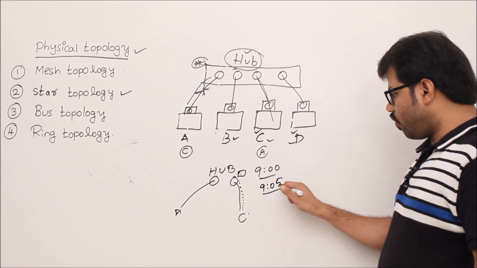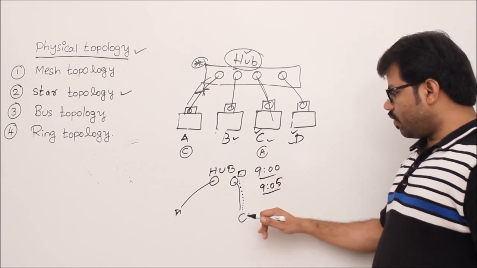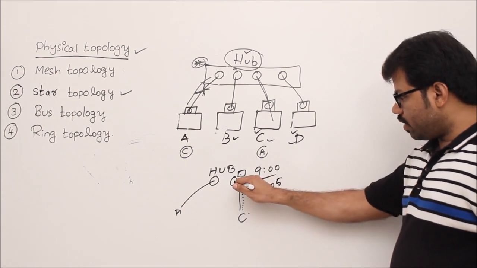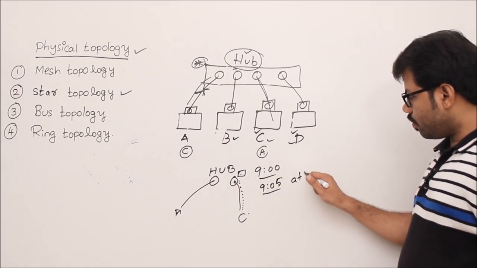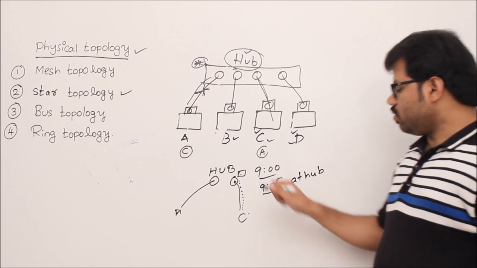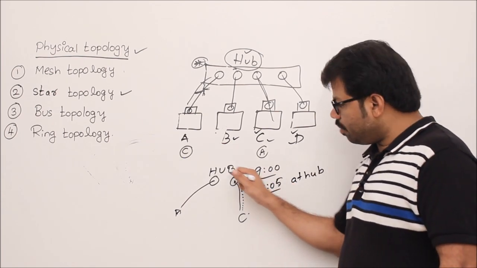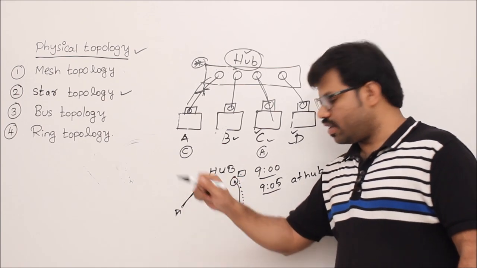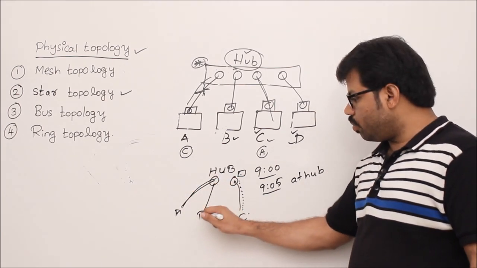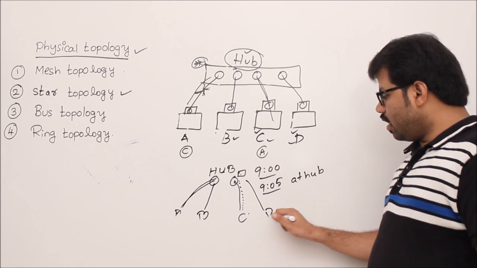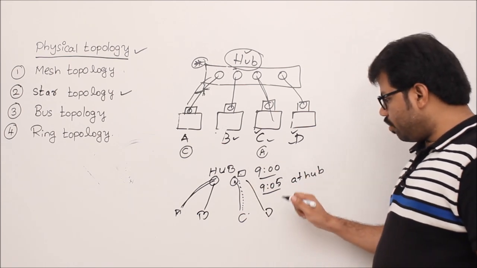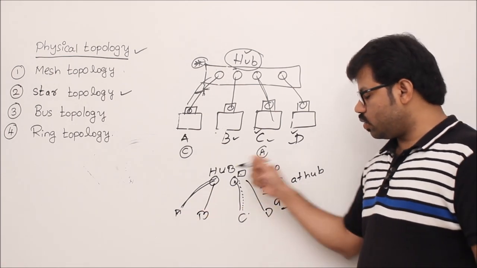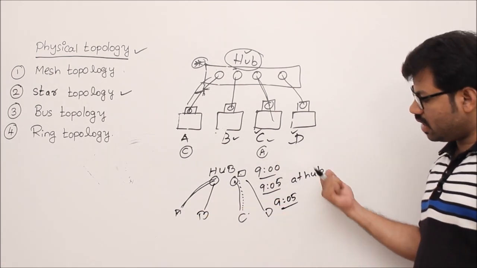Now at 9:05 the message sent by C is at the hub. That message will be immediately relayed, correct? It will be taken by your hub and sent through this port. Not only to A, it will send to B, it will send to D, correct? But at the same 9:05, what if A also starts sending a message to someone, like B or C, whatever.